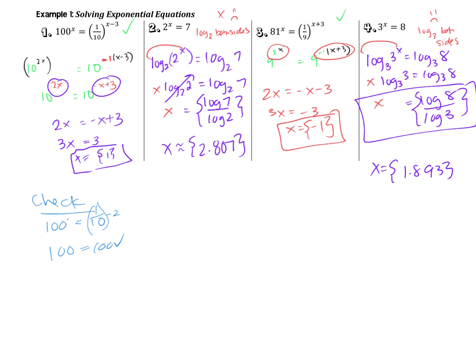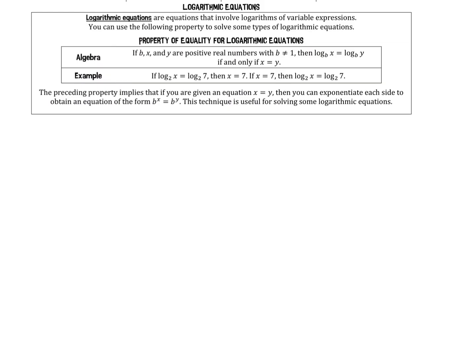So now that we've taken some time talking about how to solve exponential equations, let's talk about how to solve a logarithmic equation. A logarithmic equation is an equation that involves a log expression with different variables. So similar to exponential, if there's a way for us to rewrite this, so we have log base some number that's the same on both sides, then we can say that the other two pieces must be equal.